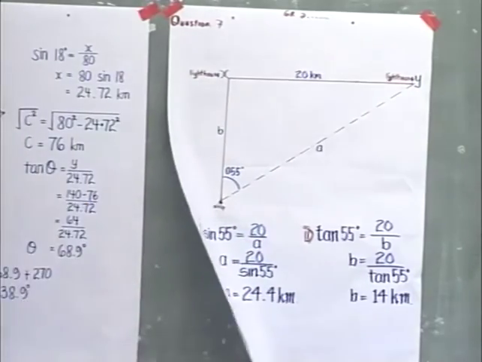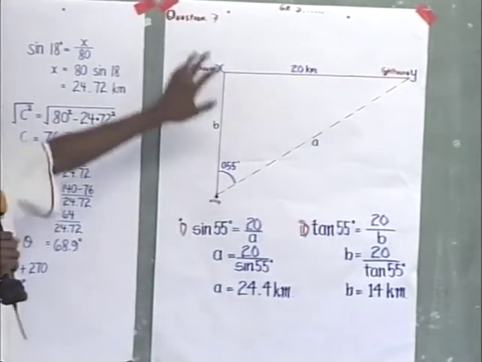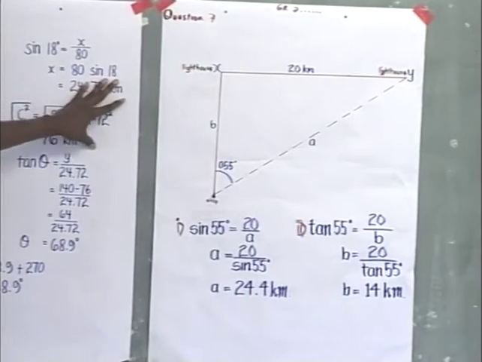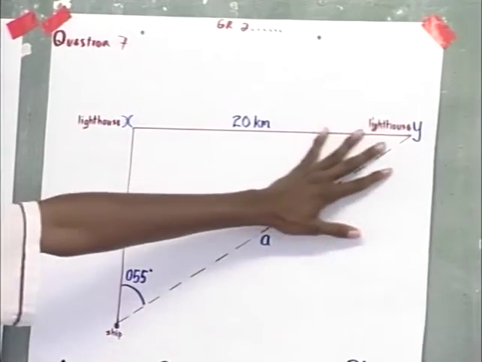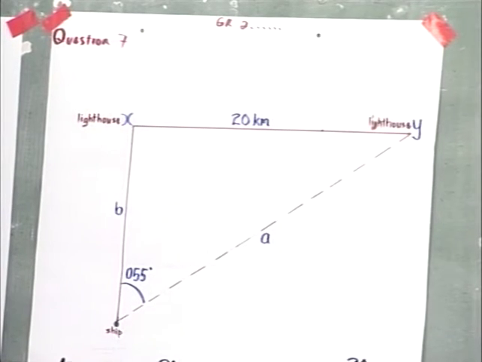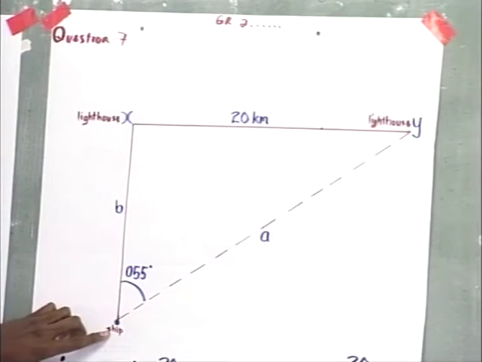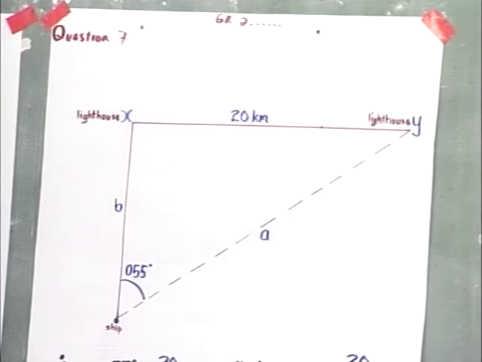Question 7 reads: X and Y are two lighthouses, Y being 20 kilometers due east of X, which is this, from a ship due south of X, and the bearing of Y was 55 degrees.